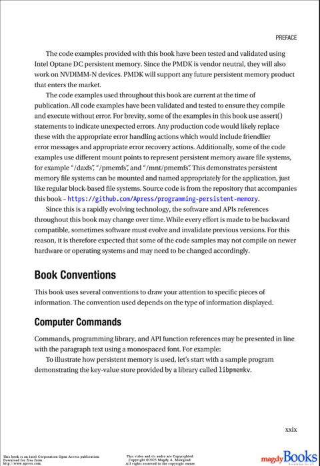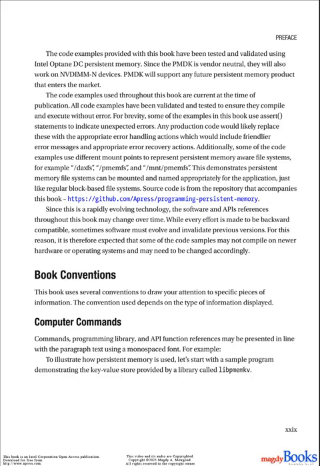Book conventions. This book uses several conventions to draw your attention to specific pieces of information. The convention used depends on the type of information displayed. Computer commands, programming library, and API function references may be presented in line with the paragraph text using a monospaced font.